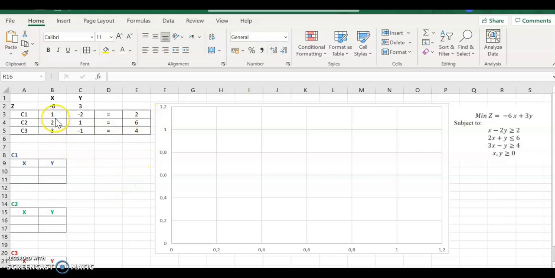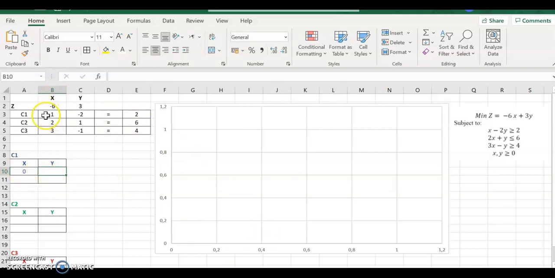To represent this constraint, we're going to have to find a couple of points that satisfy this equation. For constraint 1, we can simply replace x by 0 and deduce the value of y.